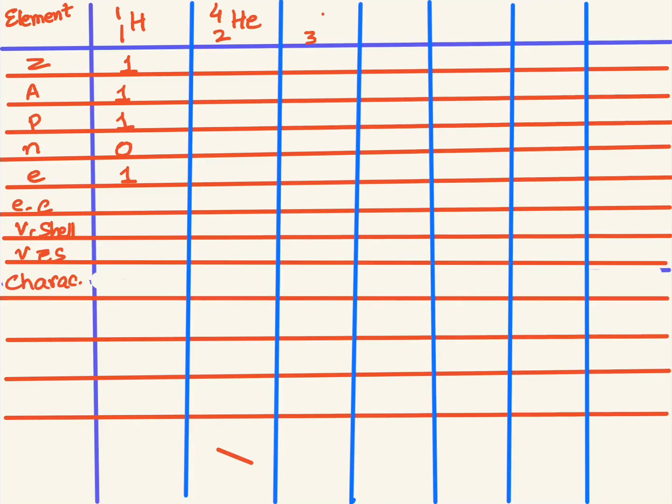Write down the values. 3Li6, 4Be8, 5B10. By the way, it's hydrogen, helium, lithium, beryllium, boron. Now beryllium, B has to be capital, E has to be small. Okay. Then the sixth element in the periodic table is carbon, and the seventh element is nitrogen. We have already talked about this.